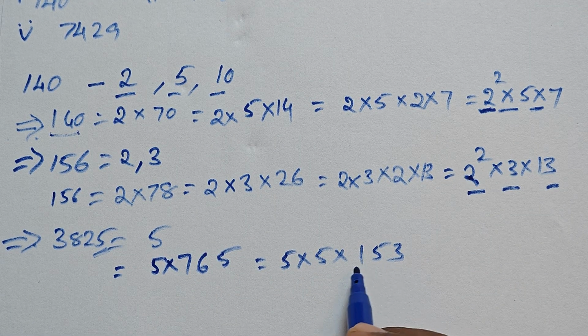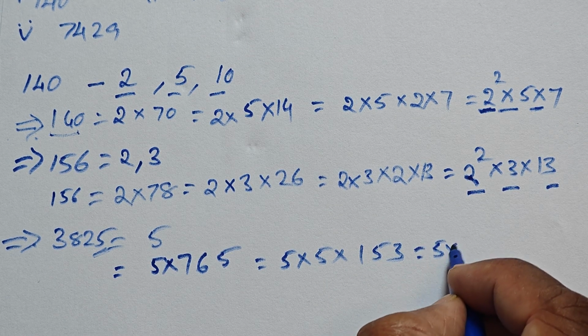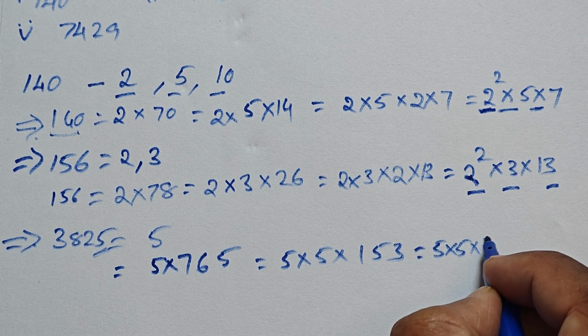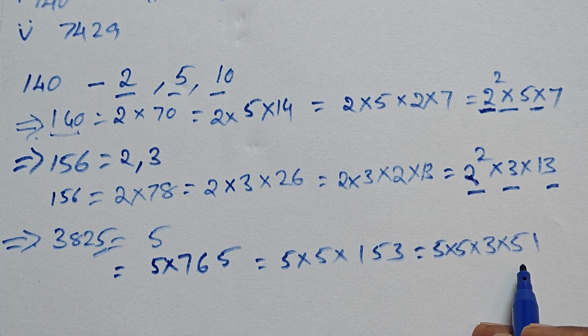Is this divisible by 3? Now you can check, because it's a small number: 1 plus 5 plus 3 is 9, and 9 is divisible by 3. So I will write it as 5 into 5 into 3 into 51. How can we write 51?